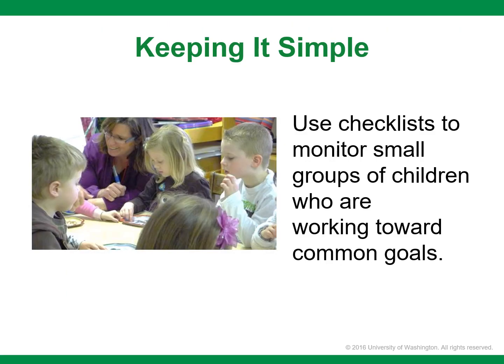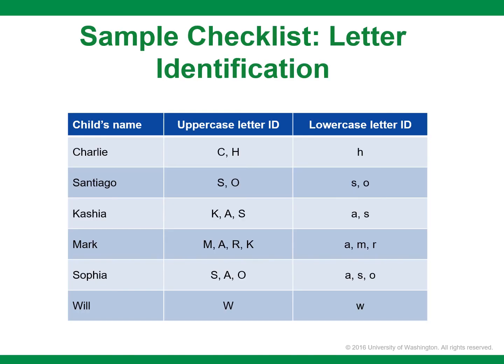Checklists can also be used to monitor the progress of small groups of children who are working towards common goals. This checklist is used to monitor the progress of a small group of children who have been identified as needing extra help in literacy skills. They're learning the letters that make up their names, so this checklist was designed to monitor uppercase and lowercase letter identification.